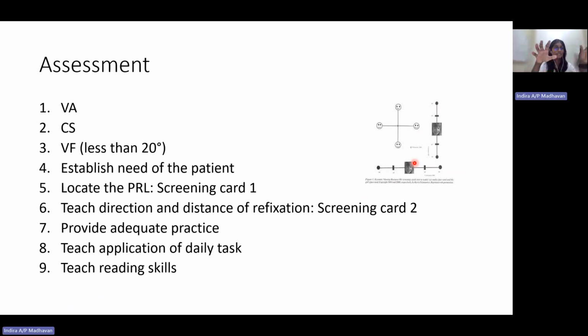Then keep looking at the cross. The cross will be clear for you because you're normal. But if a patient has central scotoma, when they look at the cross, it's going to be difficult for them.